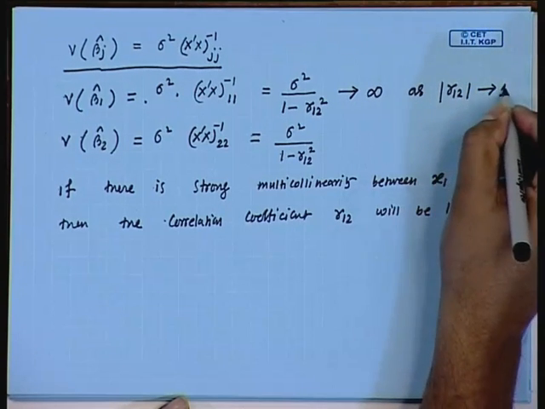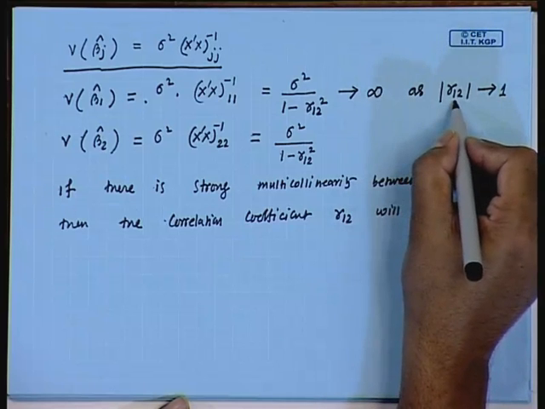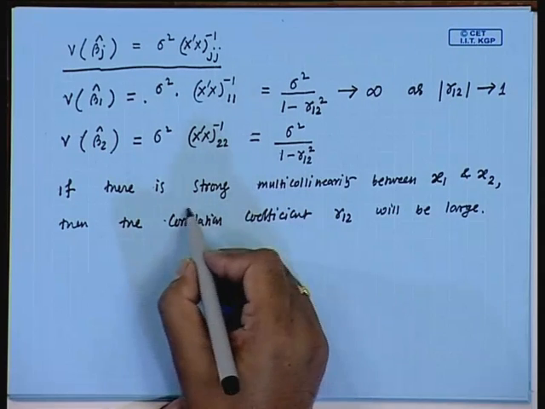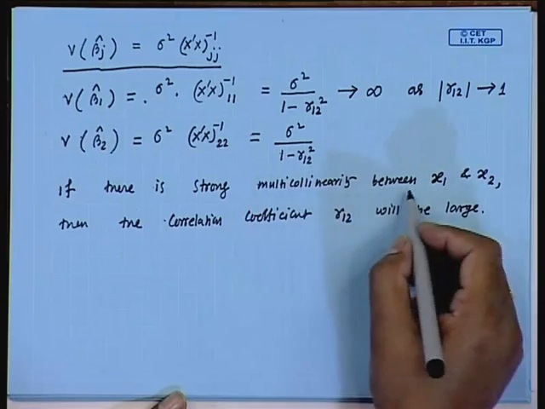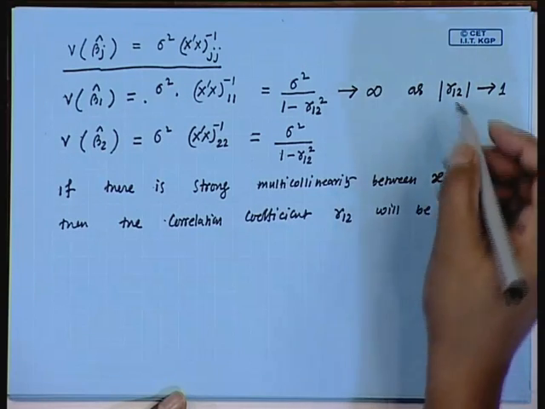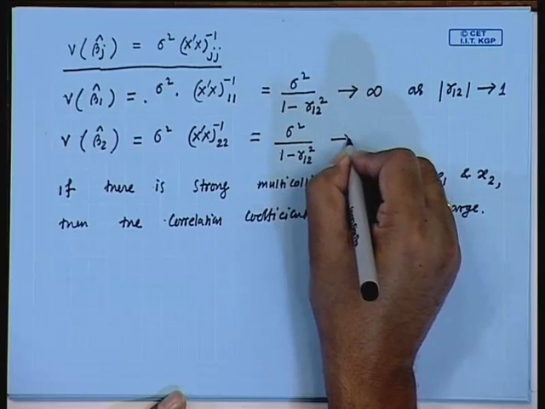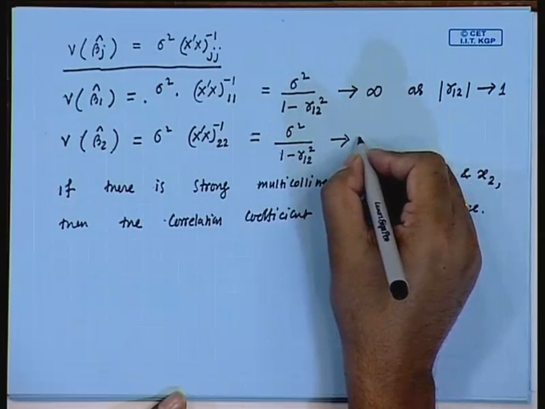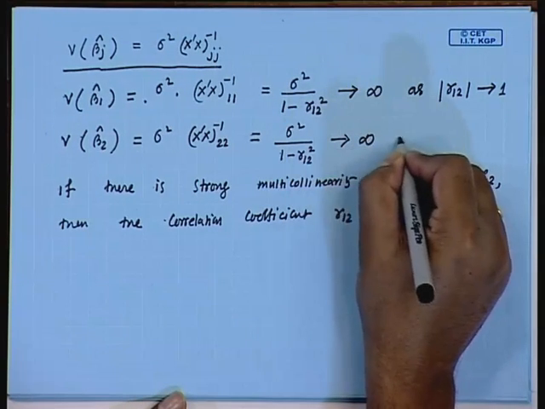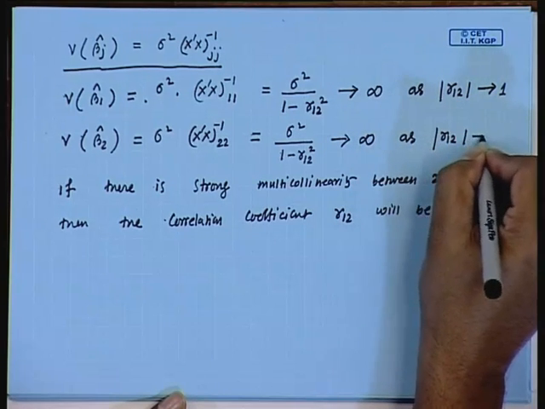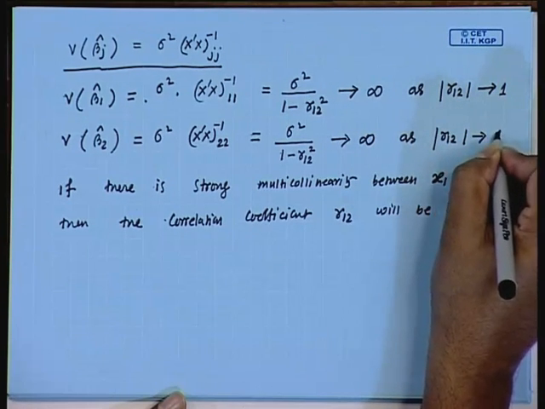So, this will tend to 1 when the regressors x1 and x2 are strongly correlated, or you can say when there is strong multicollinearity between x1 and x2, then R12 tends to 1. Similarly, the variance of beta 2 hat also tends to infinity as R12 tends to 1.